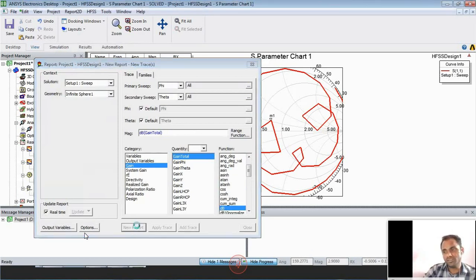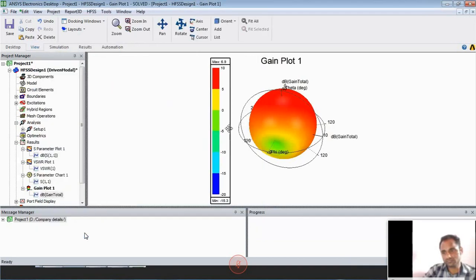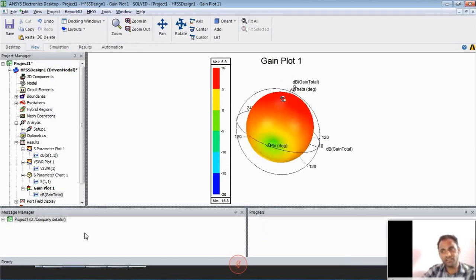So give a new report, and we get the gain. So the maximum ideal gain is 10 dB, but the maximum running gain is 6.9 dB. This is also a high gain antenna, one of the high gain antennas.